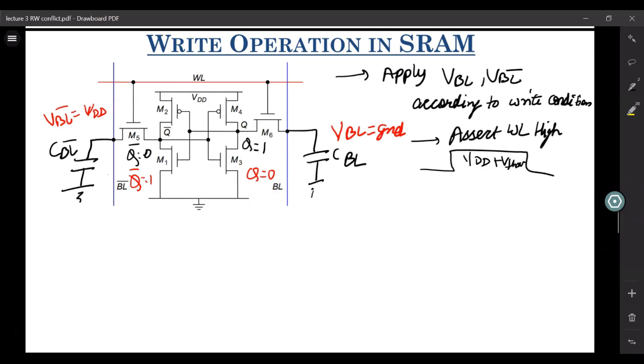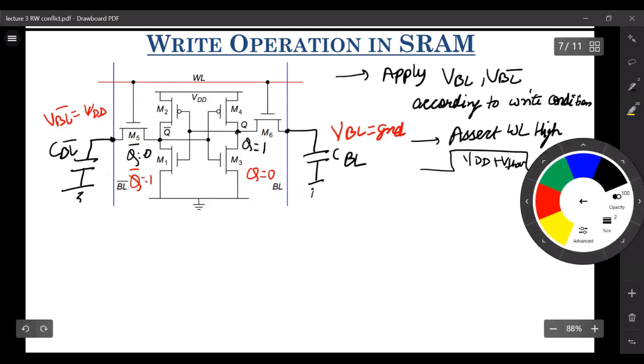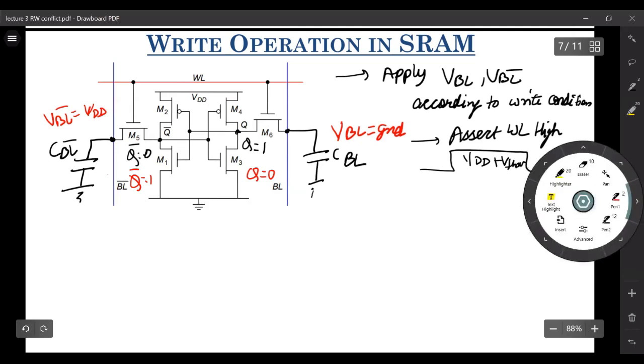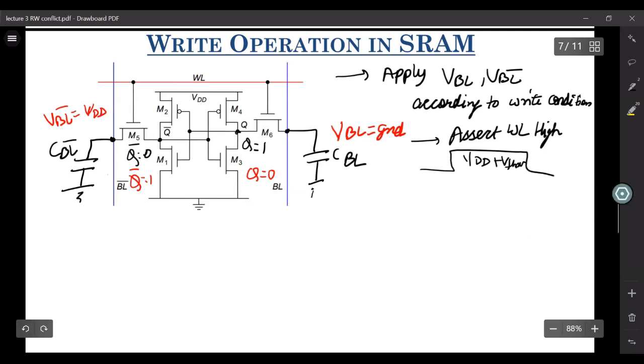Now, what happens is, this node tries to force this node towards VDD, and this node tries to force this node towards ground. The important thing to note here is we have designed this ratio of M5 and M1 such that this node potential VQ bar can't be pulled very high.